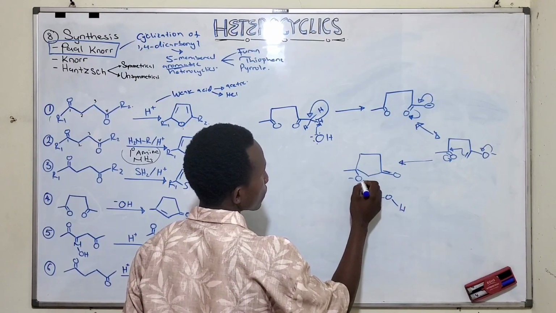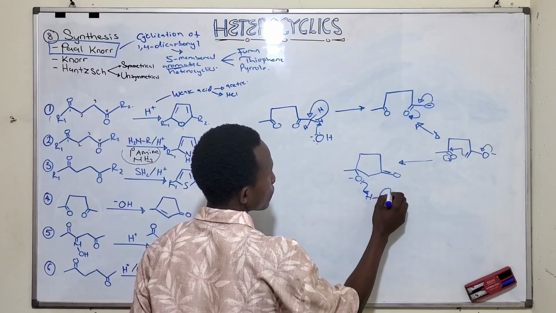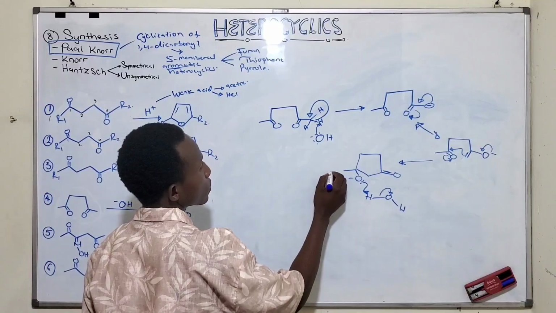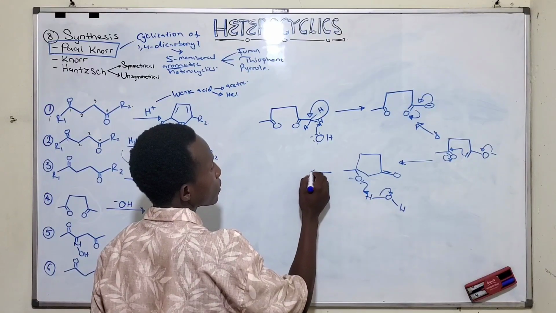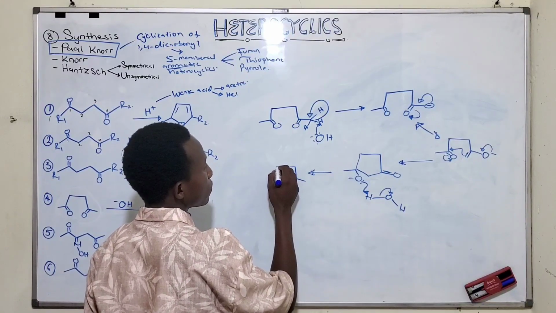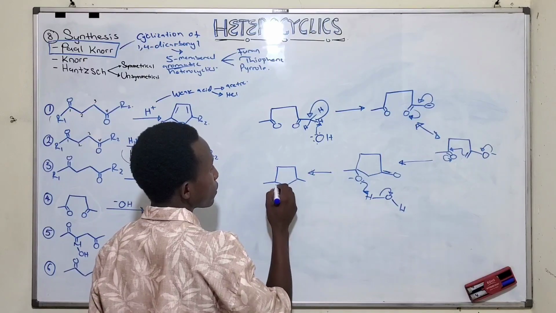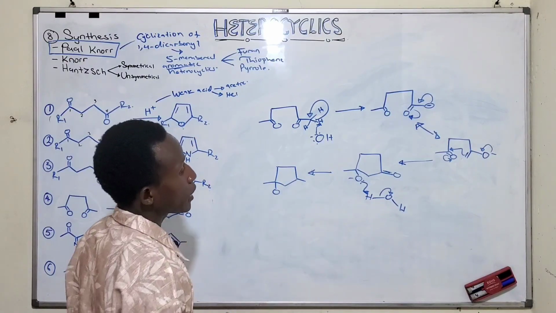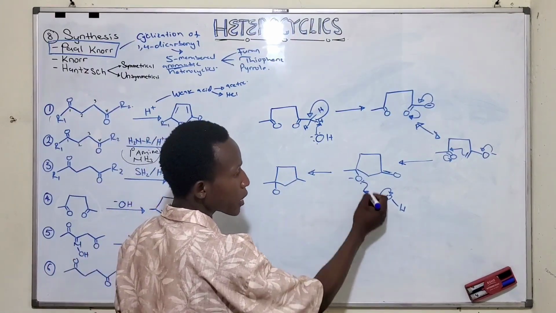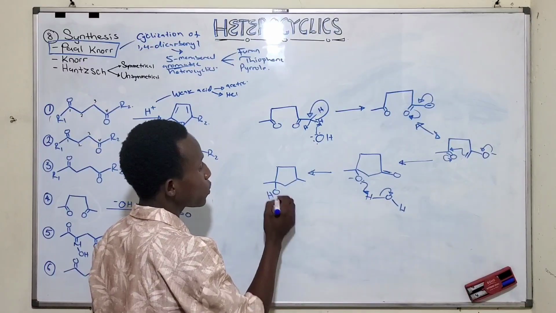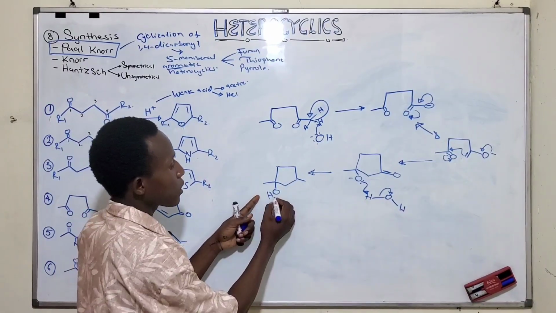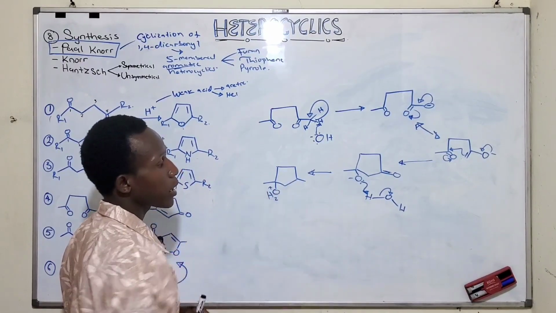This oxygen can get hydrogen from water. So we can have this with O, and it can attack another water until it gets two hydrogens, forming O plus.